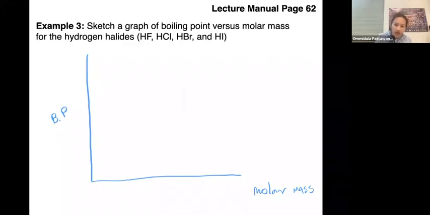If you're looking at the location on the periodic table, you will see that fluorine is lighter than iodine. So fluorine would be around here, this is low molar mass to high molar mass. That means HF would be around here, followed by HCl, followed by HBr, and then followed by HI.